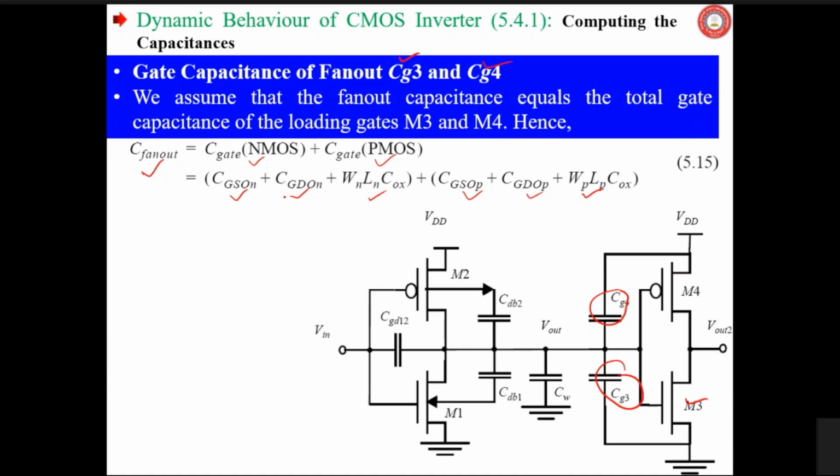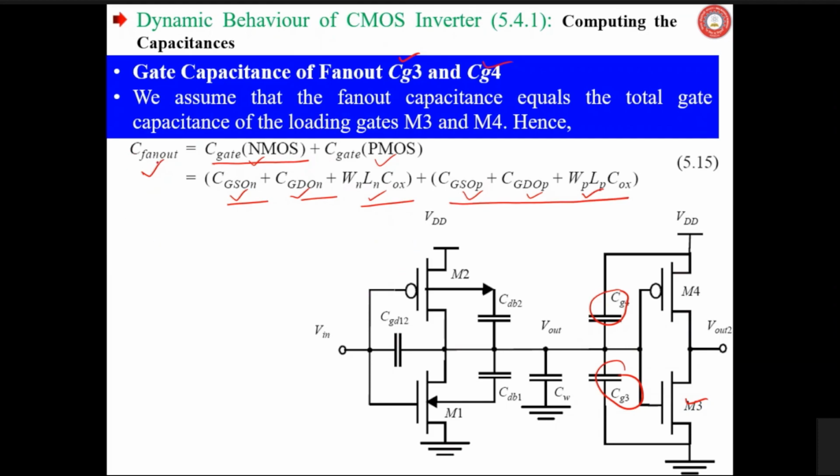If you look at all the components of C gate of a MOSFET, then CGSO, the MOSFET's gate to source overlap capacitance, and the gate to drain overlap capacitance, and COX multiplied by area, WN into LN, which is nothing but the area of the gate. Similarly, this part is for the PMOS.